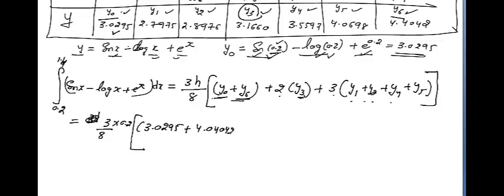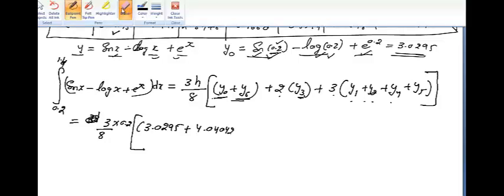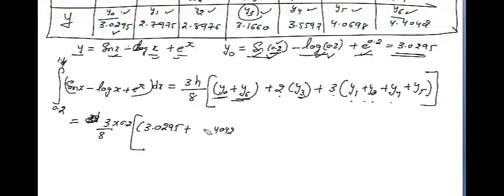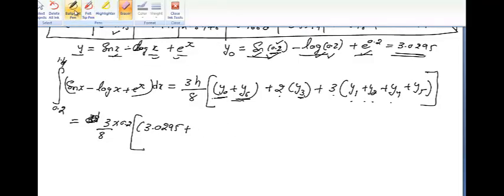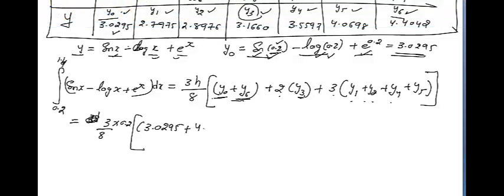So here is some mistake. It is not like that, it is 4.4042. So this is y0 and y6, plus 2 times y3. So this is your y3, 3.1660, plus 3 times all the others.